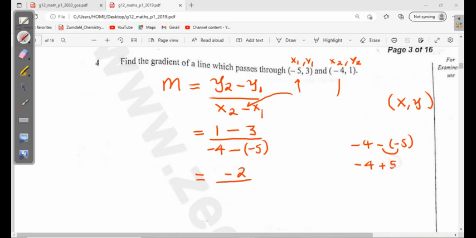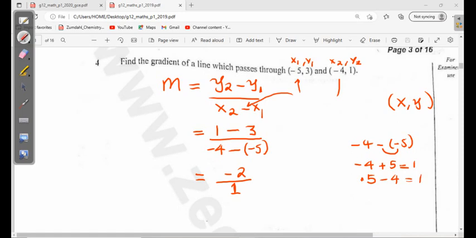If I want, I can start with the positive number, 5, and then write the negative one, negative 4. So 5 minus 4 is 1, so down we're going to have 1. Negative 4 plus 5 is the same as 5 minus 4, which is 1.